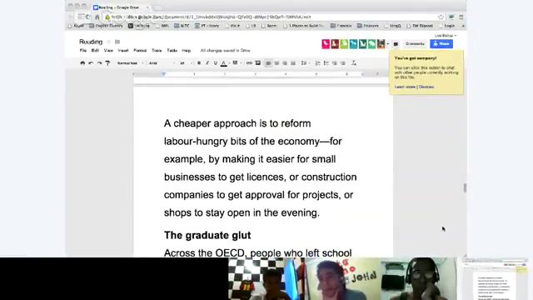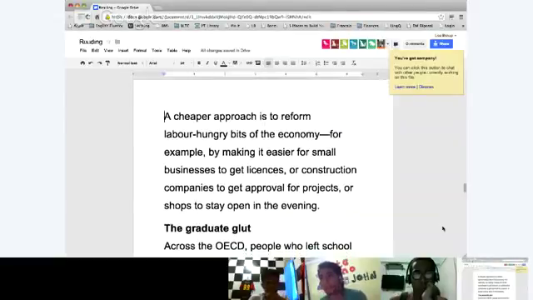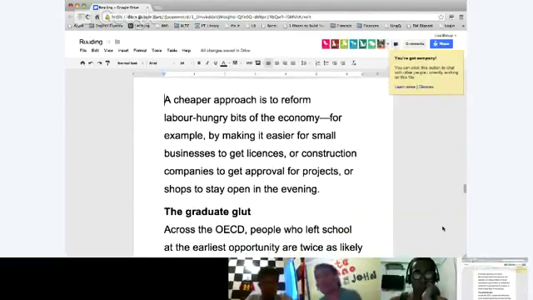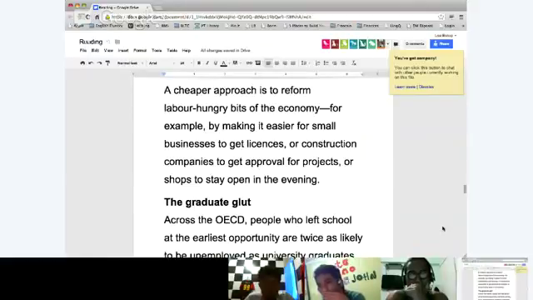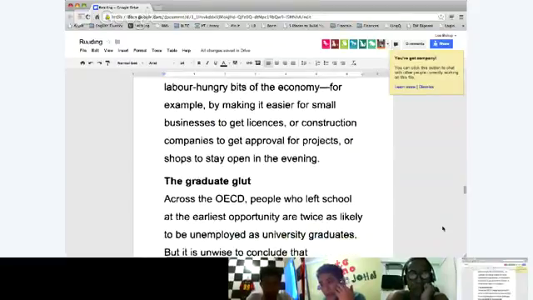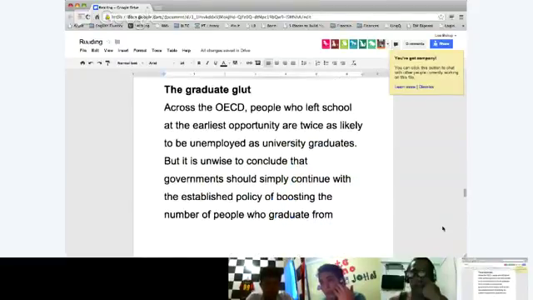A cheaper approach is to reform labor-hungry bits of the economy, for example, by making it easier for small business to get a license or construction company to get approval for a project or shop to stay open in the evening. The graduate glut.